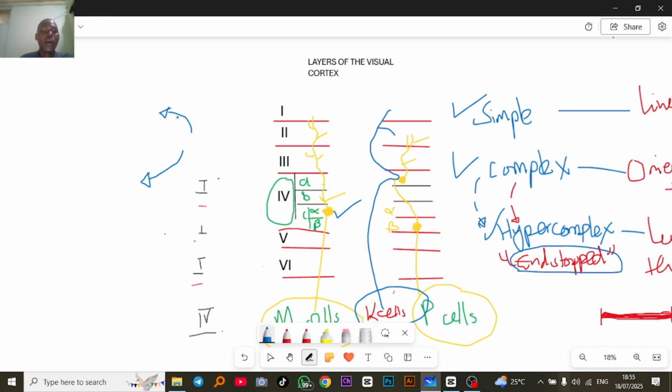The dorsal stream is mainly for motion and spatial processing, while the ventral stream is mainly for perception and recognition of objects. Don't forget that. With that said, we are done with the visual cortex, and we can proceed to the next part.